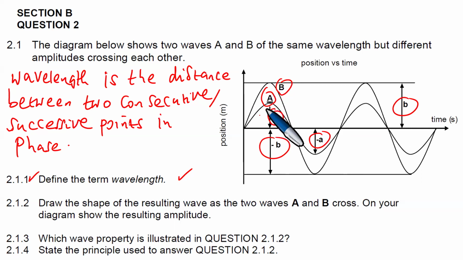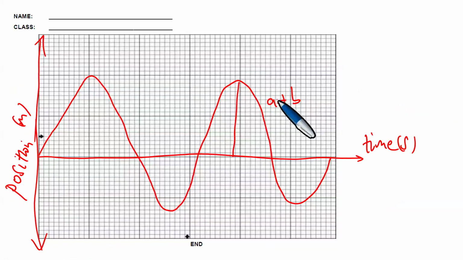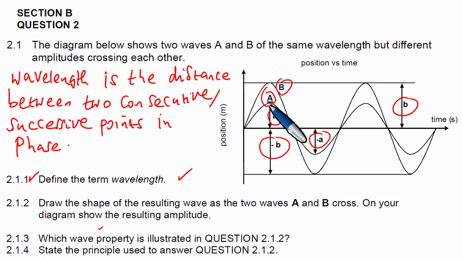So the wave property here is superposition. Because they are in phase with each other, the crest and the crest are on top of each other, and the trough and the trough are on top of each other.